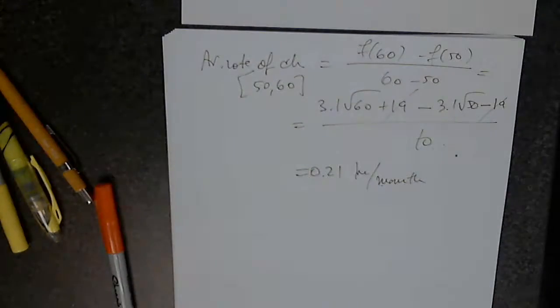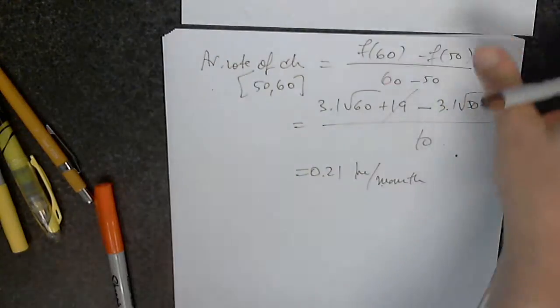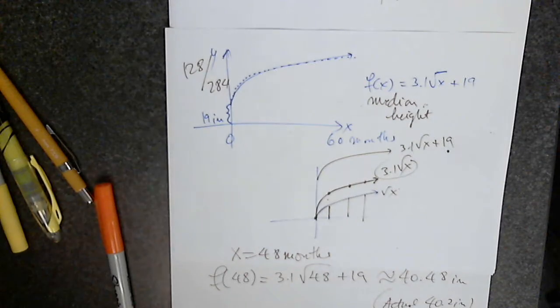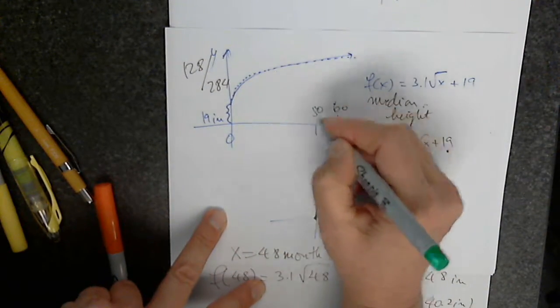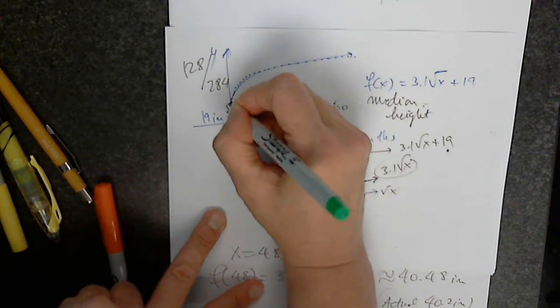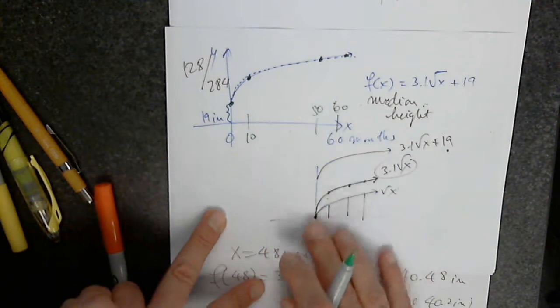How does this compare with your answer in part C? How is this difference shown in the graph? Okay. So let's go back to the graph for a moment. So this is 50, and this is 60, and this is 10. So between this point and this point, and between this point and this point.